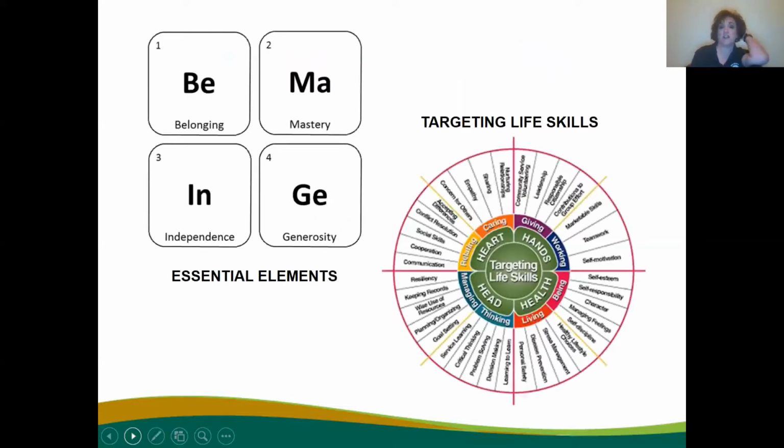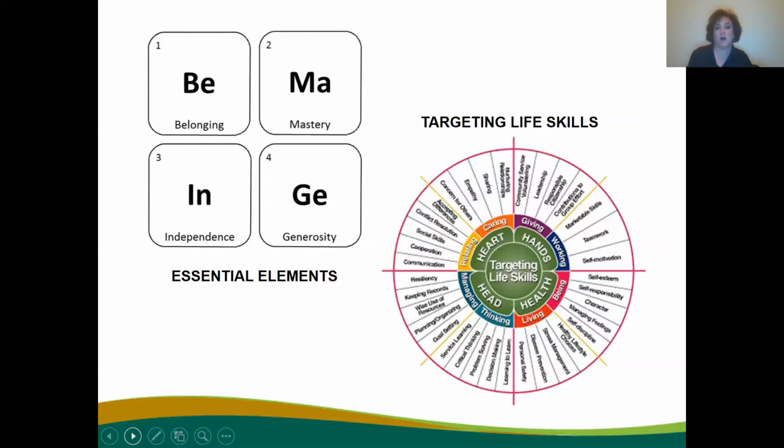Okay, because the 4-H thriving model is new, many of you are probably wondering about the whereabouts of essential elements. Some of you may have learned about essential elements or targeting life skills. You need to understand that yes, they are still there. They are still very important. So many of our experienced leaders may recognize the opportunities for belonging, which is really that emphasis on program quality, as one of the essential elements of positive youth development.